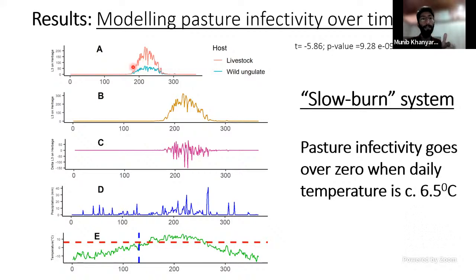The contribution from the livestock is much higher than the ungulates, as you can see from this test that we have, which is significant. So livestock in our systems are contributing significantly more to pasture infectivity than the blue sheep.